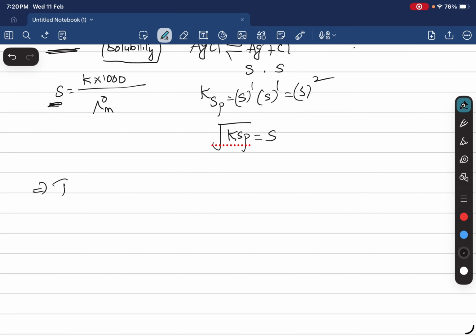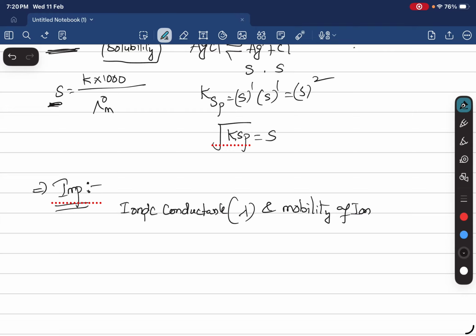Some important points, very important. Here we can add additional points. Ionic conductance we can write as lambda, and mobility of ions is U. In any electrolytic solution, the ionic conductance of any ion is directly proportional to their mobility or speed of the ion.